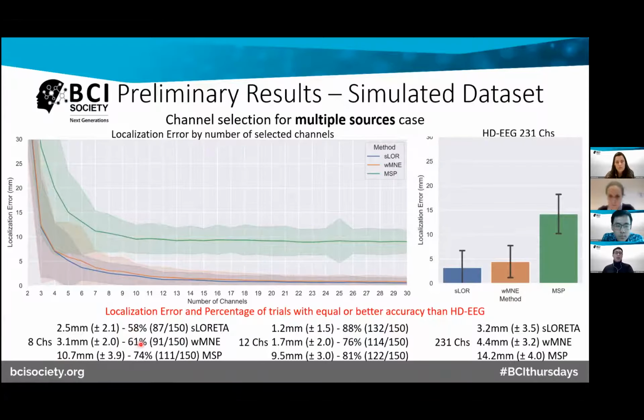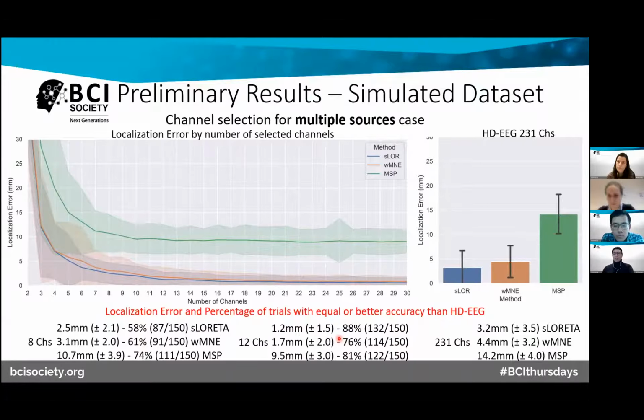And in around 60% of the trials, we obtain an equal or better accuracy than the full set of electrodes. And that number increased when we use 12 electrodes, in which in more than 76% of the trials, we obtain equal or better accuracy.